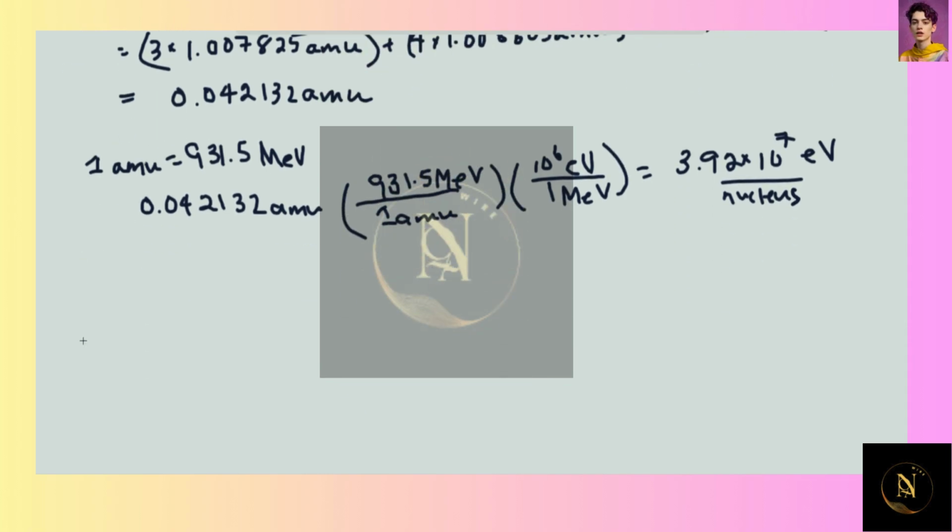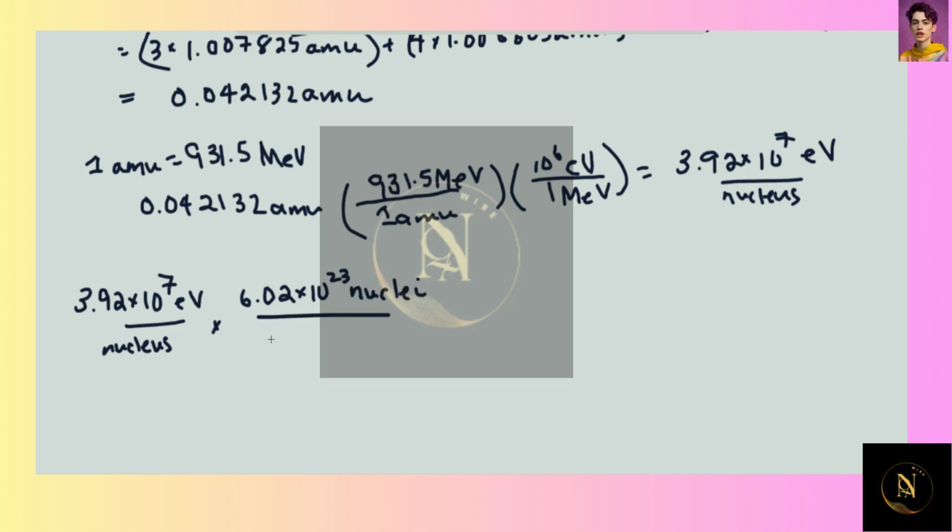If we want to compare that on a different level, we can change our value to kilojoules per mole. We have this many electron volts per nucleus. We know that there are 6.02 times 10 to the 23rd nuclei per mole. So that tells us in electron volts how much energy there is per mole.